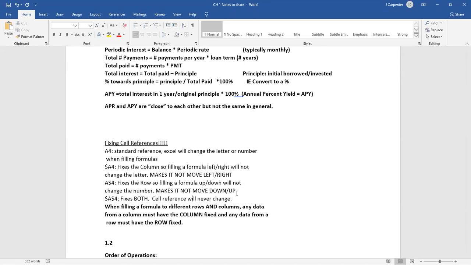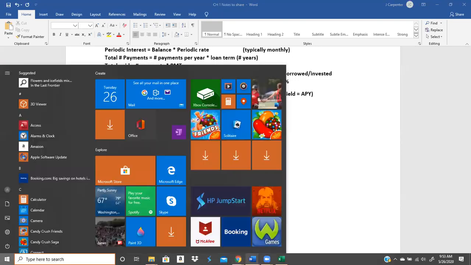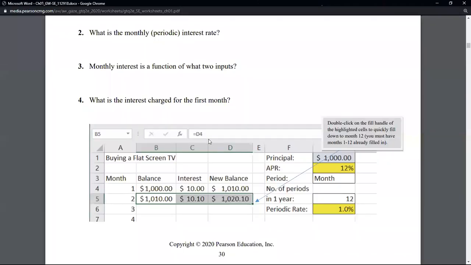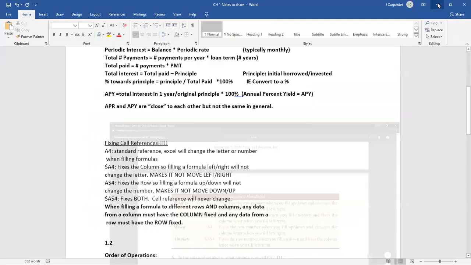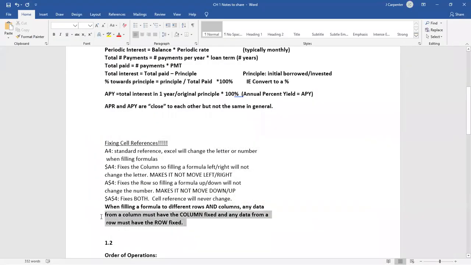So all that is pretty much exactly what you see in the guided worksheets right here. They just call that last one an absolute cell reference. That's the only thing they have in addition to what my notes say. But I also have a nice little summary in bold. When filling a formula to different rows and columns, any data from a column must have the column fixed.